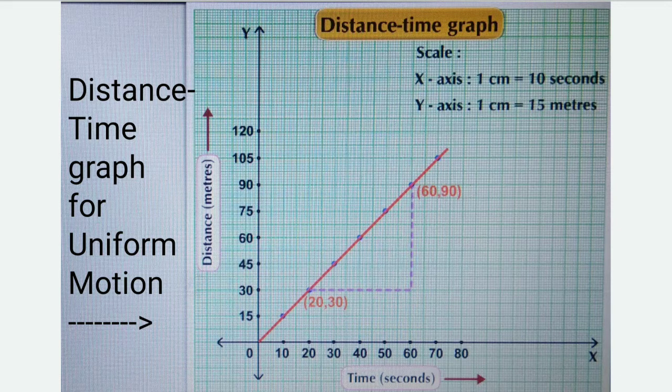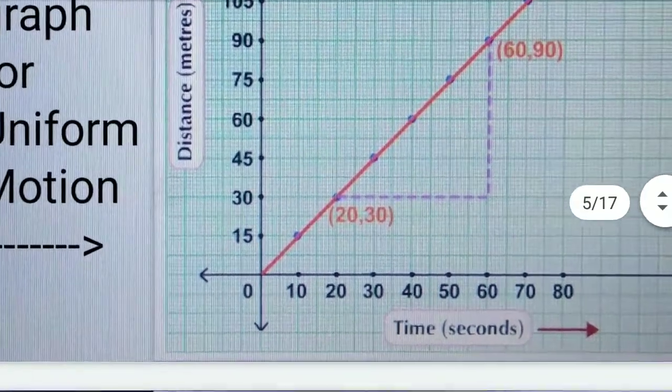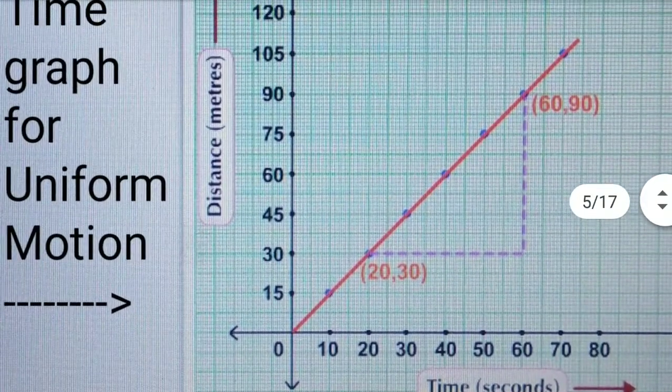The points are shown on that red line with blue color. First point is 10, 15. It shows that 10 is the time in seconds and 15 is the distance in meters. If we observe second point, which is shown with blue color, the coordinates are given.